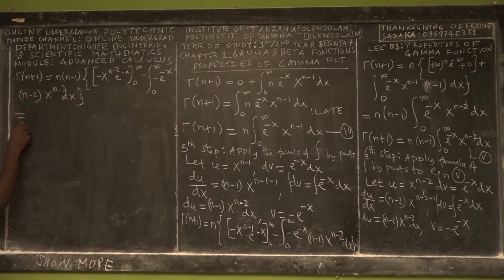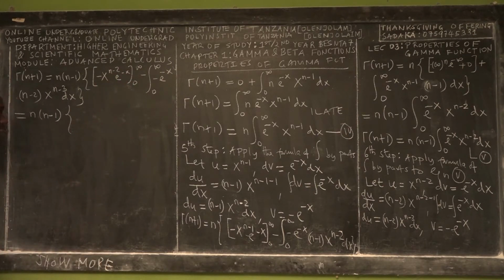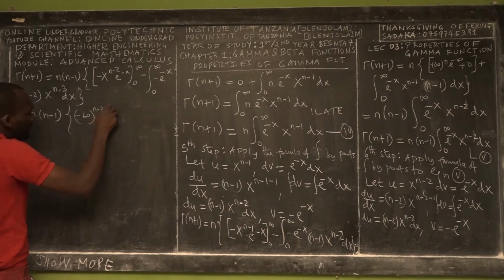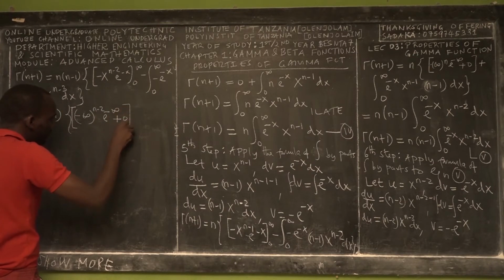So let us consider the right hand side. You have n minus 1. And you know that, because of the type of the lower and upper limits, this gives us 0. Why? Because it is still infinity power n minus 2, then we have e power negative infinity, which is 0. So minus plus 0, right? So this part always will give you 0.